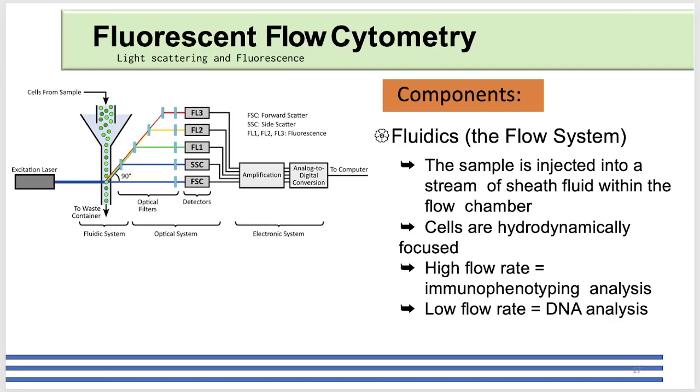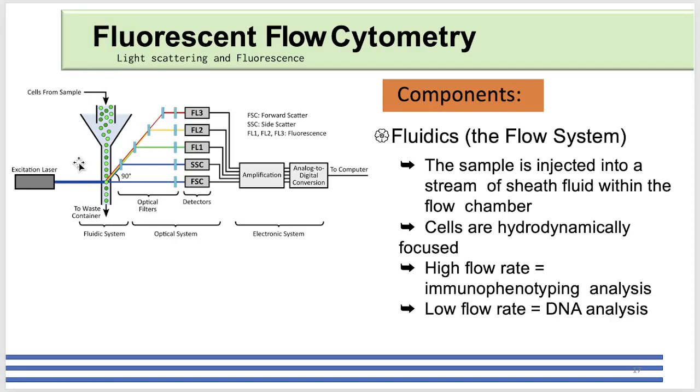We have your fluidics. So ito, this part, your fluidic system. I know you're already familiar with this one, kung saan dadaan yung ating cells. And then, we have your optical system. And then, we have your electronic system. So first, let's talk about your fluidic system.